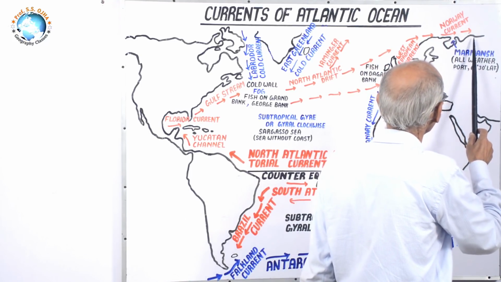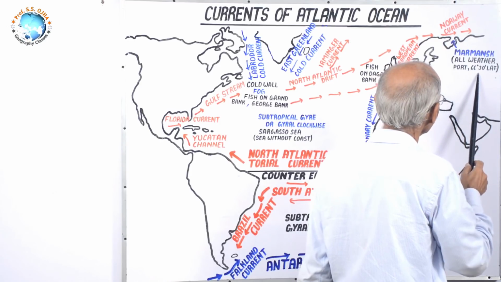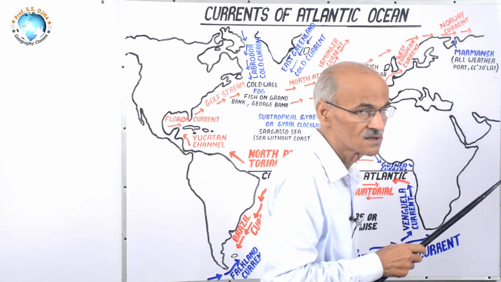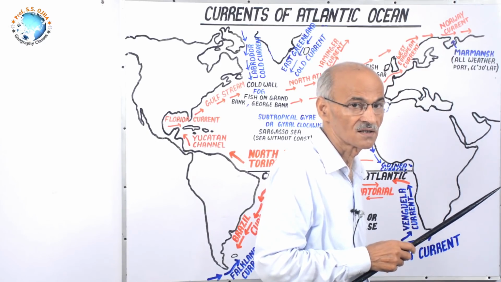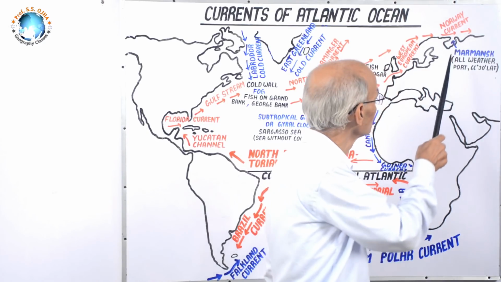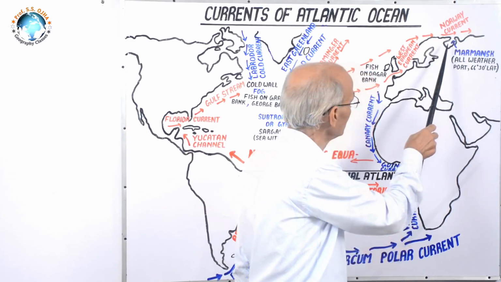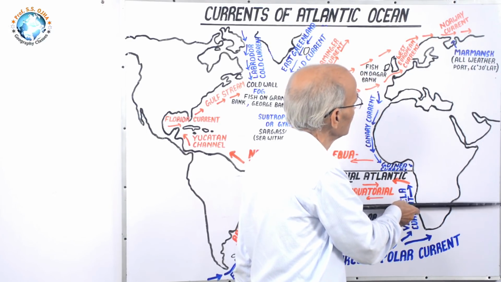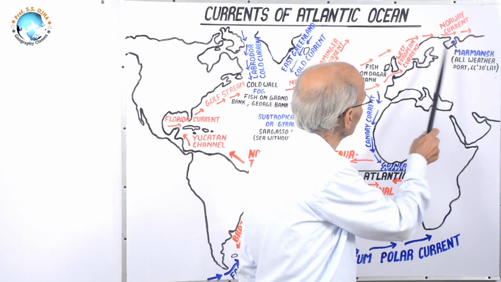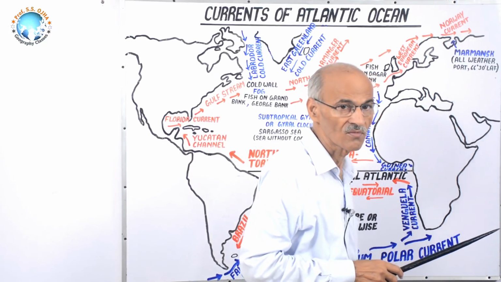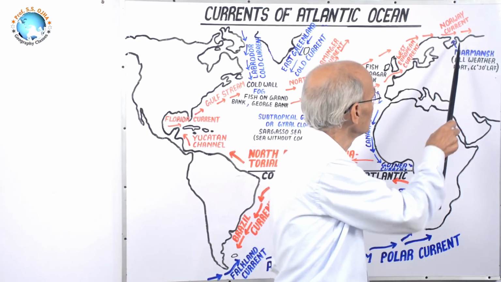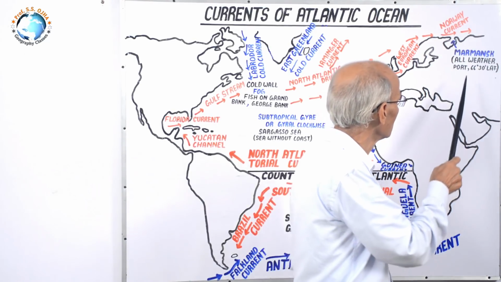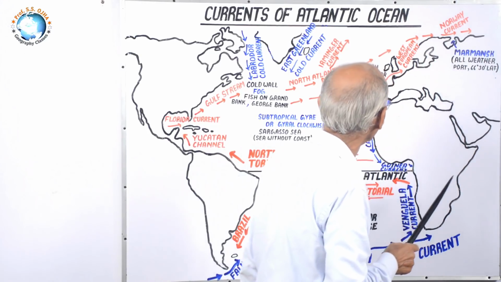This is located at 66 and 30 degrees north latitude, just on the Arctic Circle, which should be frozen during winter in the month of December when the sun is vertical at the Tropic of Capricorn. But this Norwegian Current warm water keeps it warmer throughout the year, hence it is called an all-weather port.